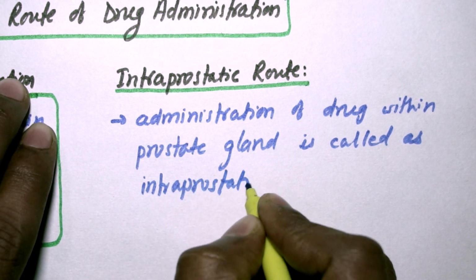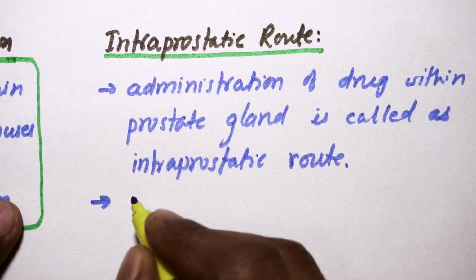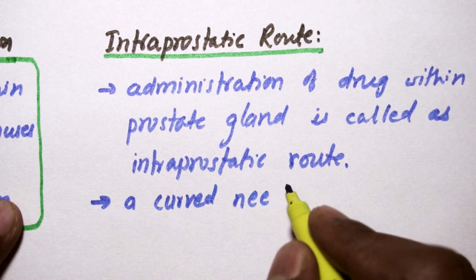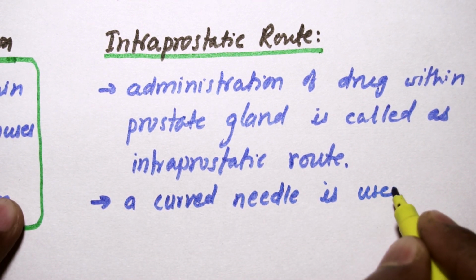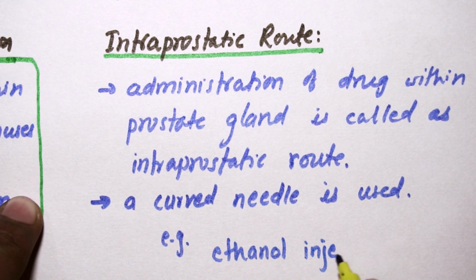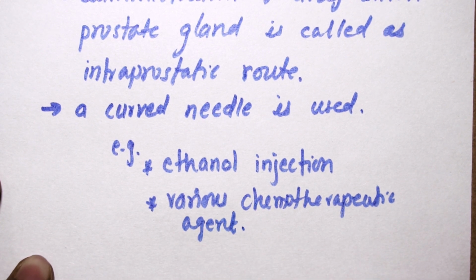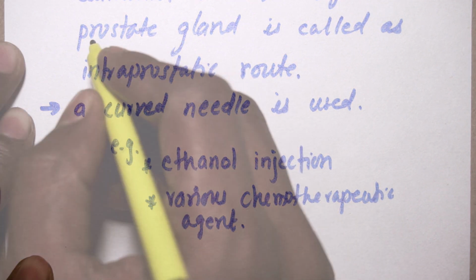Okay, so it is also a local route, and for this a curved needle is used. Okay, so examples of drugs are ethanol injection or various chemotherapeutic agents. Okay, this is all about the intraprostatic route.